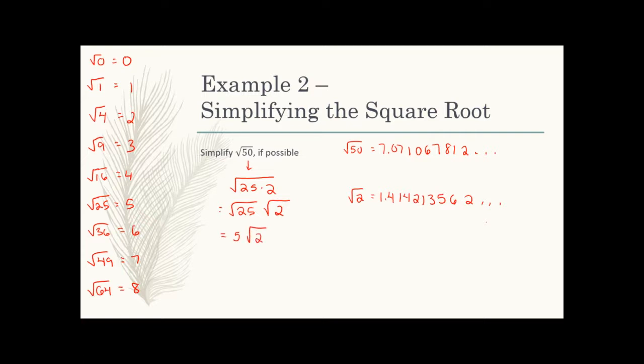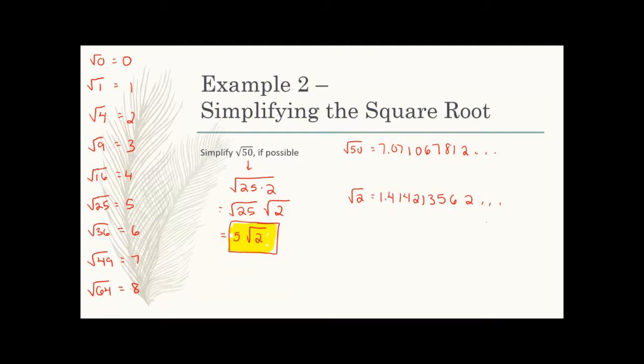And we can't simplify 2. We can't split up 2 into something smaller like we did 50 to 25 times 2. So what we have here is 5 times the square root of 2. And that's what we're going to consider simplified here. It's simplified because what's inside the square root is smaller. And we kind of rewrote it so that we have a whole number value in front, to make it simple.